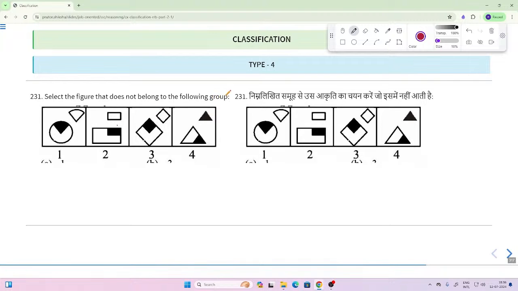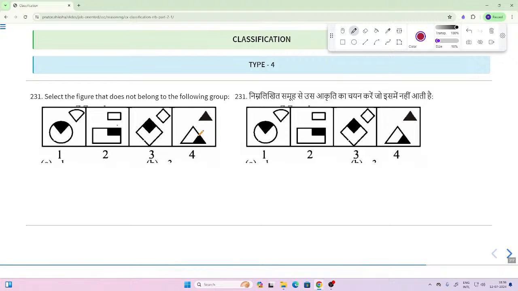Which figure does not belong to the following group? First is a circle, out of which a segment is shaded, and that segment is out. Second, we have a rectangle with a rectangle shaded inside the empty big rectangle and a small empty rectangle outside. Then we have a diamond shape with a diamond shaded out and an empty diamond formed at the side.